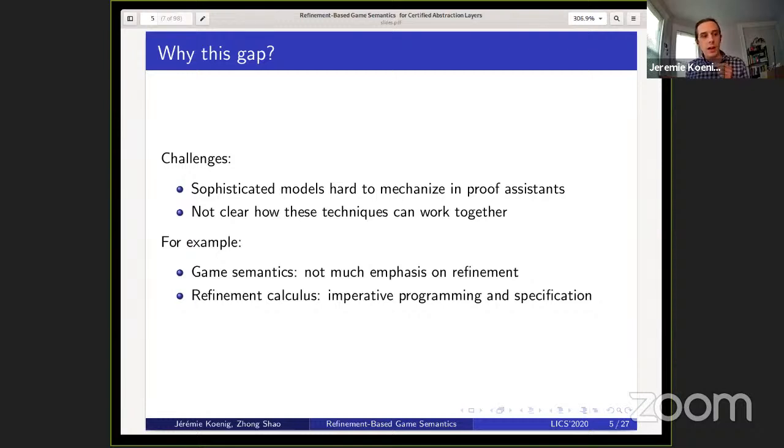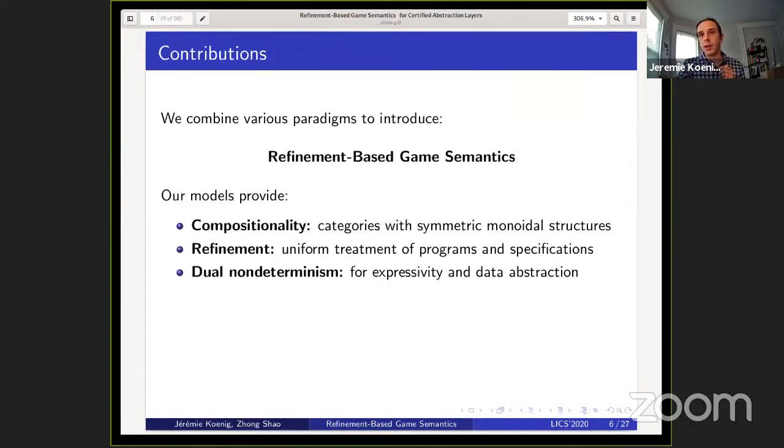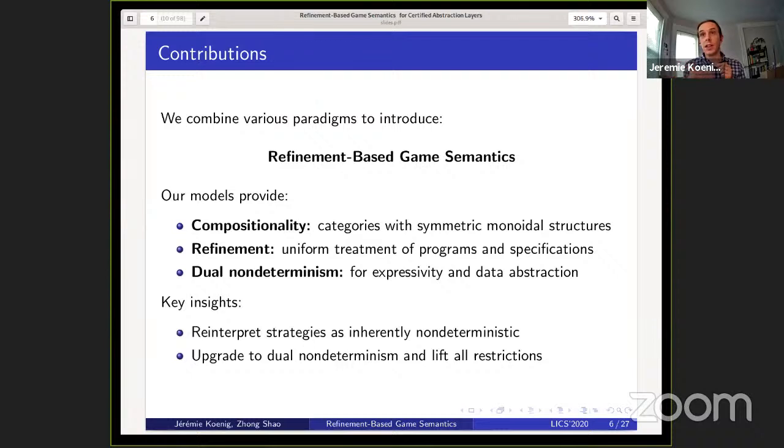In particular, we use a very simple form of game semantics, which we merged with the refinement calculus. The secret ingredient in the refinement calculus is dual non-determinism, and infinite choice over both angelic and demonic non-determinism, which allows you to express strategies very nicely.